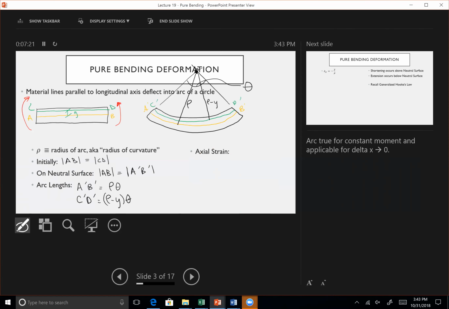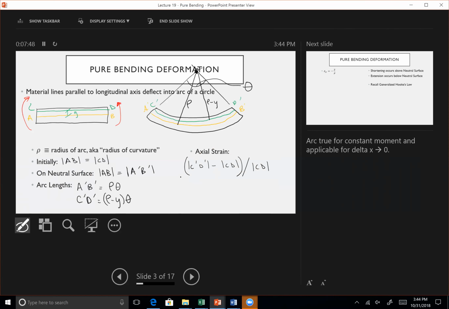All right, so let's look at our axial strain. C prime, D prime minus CD gives us our change in length, and then we divide that by CD. Would you agree that that gives us the axial strain in line CD?